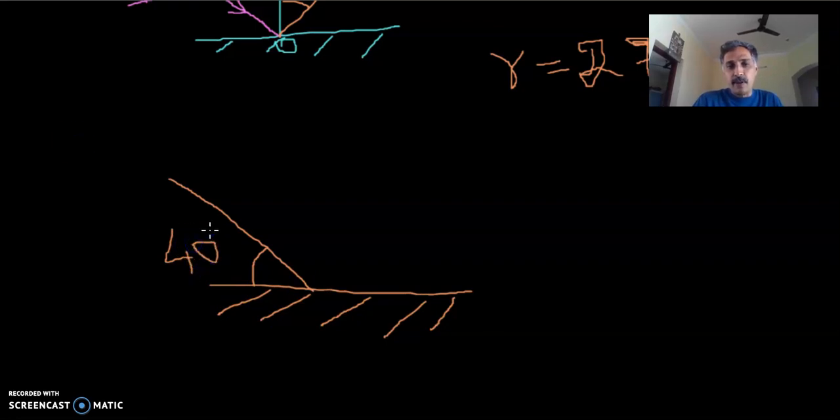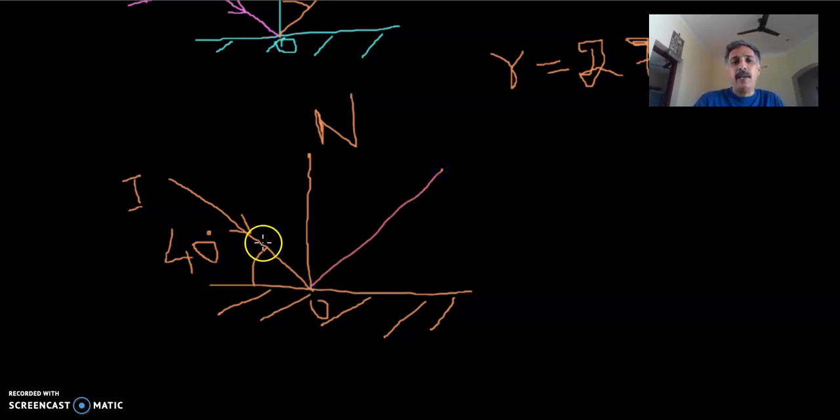Now let this be the normal, and this point be O, and let this be I. I want to calculate this angle I, the angle of incidence, and also this angle of reflection, right?